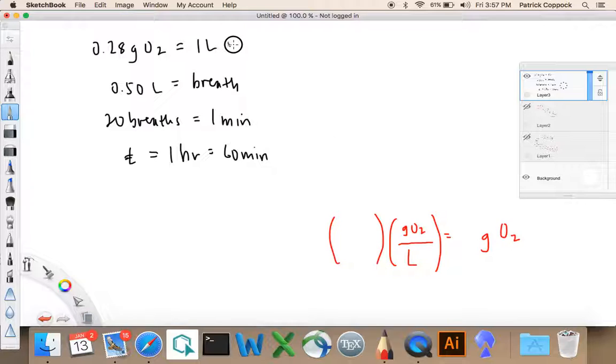Okay, I've used that one already. Looks like it's 0.5 liters of air per breath, so liters, I'm going to call that little b. Okay, 20 breaths per minute. Right, use that one. And then it looks like it's 60 minutes.